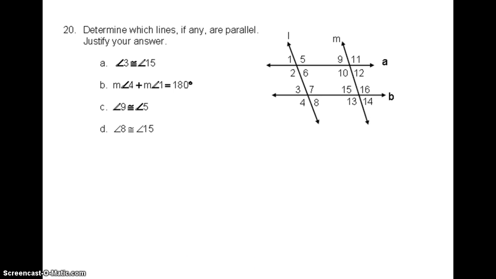Okay, number 20. Determine which lines, if any, are parallel. Justify your answer. Okay, let's see. Angle 3 is congruent to angle 15. This angle here is congruent to 15. If that's the case, it would be this transversal and these parallel lines.